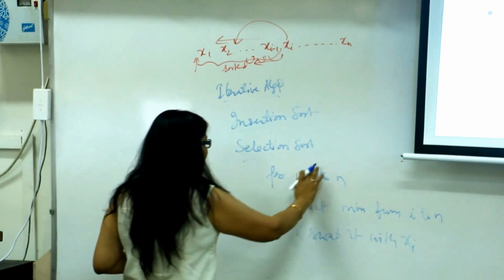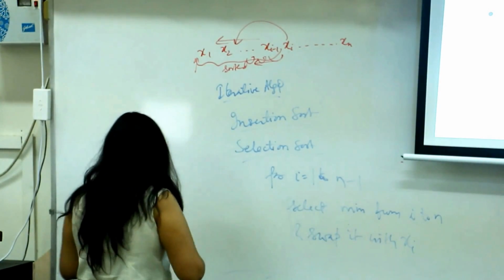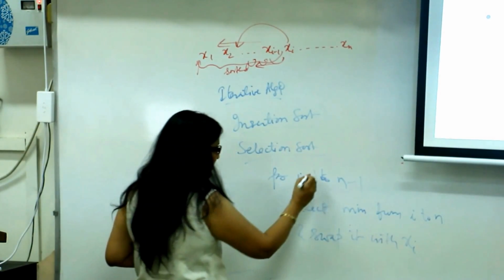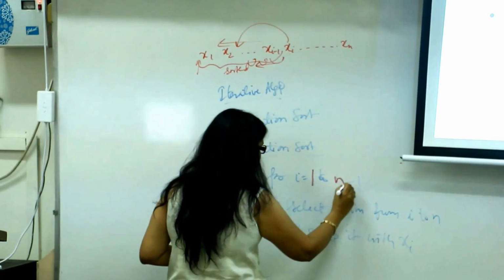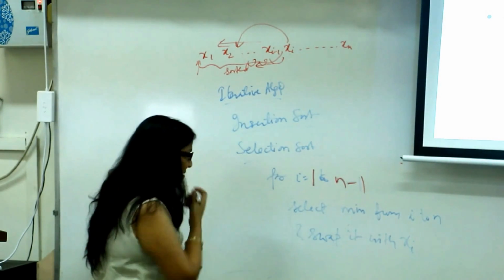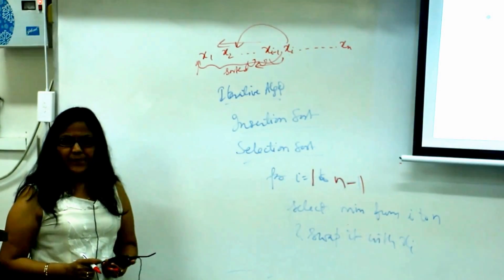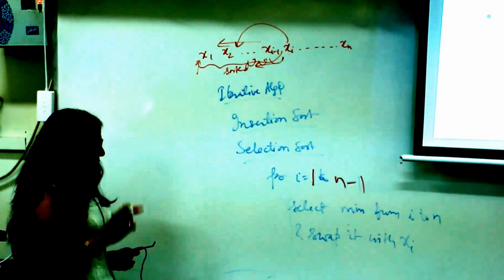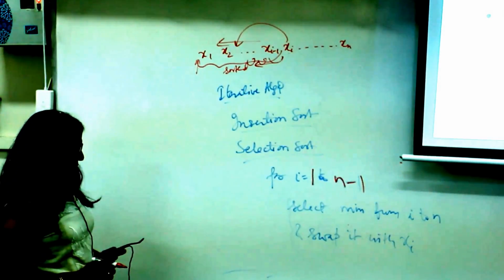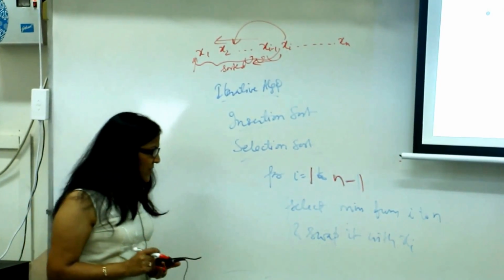Select the minimum from i to n, and swap it with the ith element.